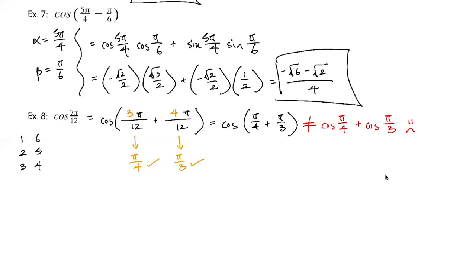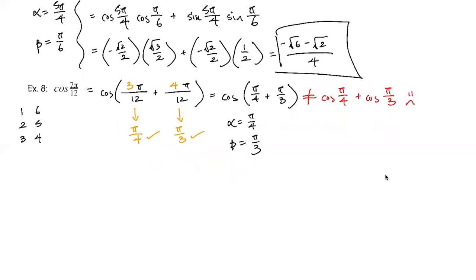Instead, we identify our alpha and our beta. And because this is addition, the order doesn't matter. I could have had alpha as pi over 3 and beta as pi over 4, okay? And we plug them into the equation. And we turn the crank.